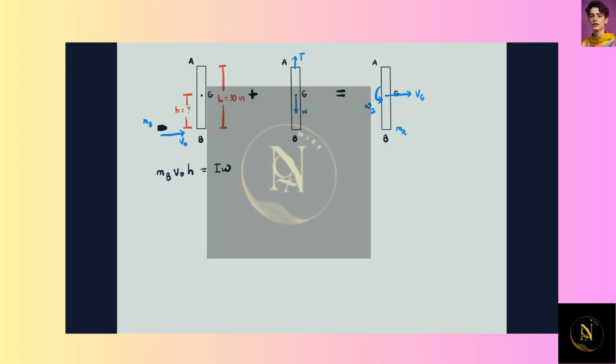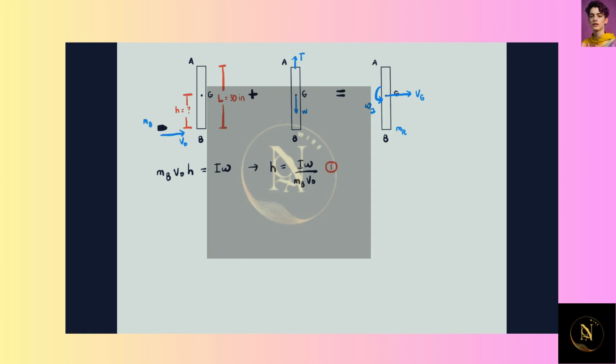Rearranging the equation so that we'll have an expression for h, we get h equals I omega over mb V sub O. This is our equation number 1.